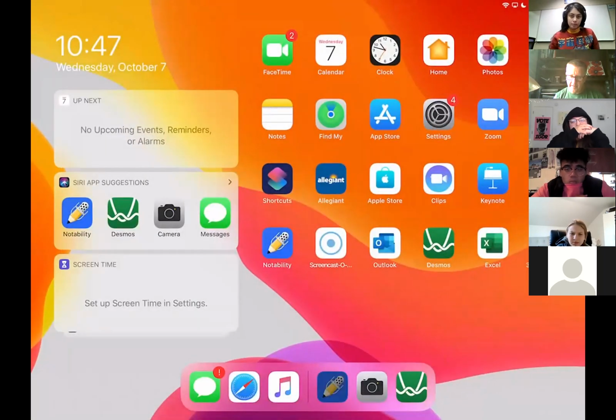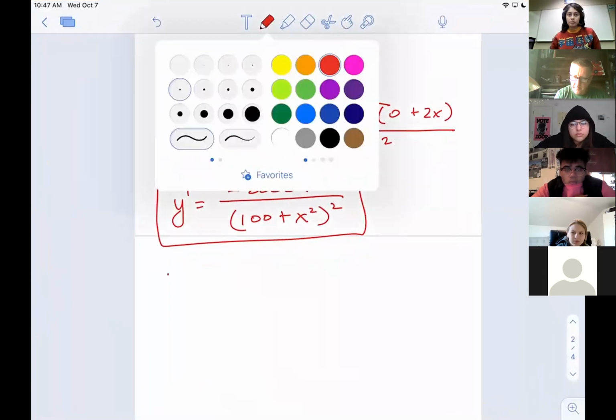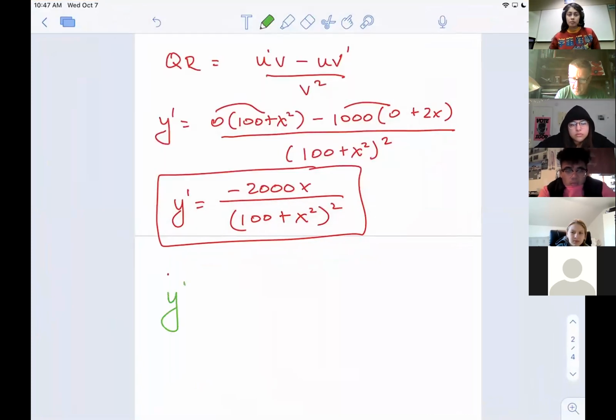Now we have a physical prediction of what we think we're going to get for y prime of 4. You should be able to do a lot of this in your head, like negative 2,000 times 4 is negative 8,000, and if x is 4, 4 squared is 16. So on the bottom you have 116 squared.